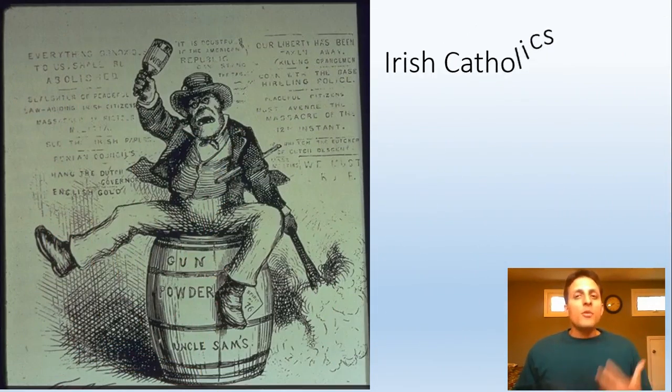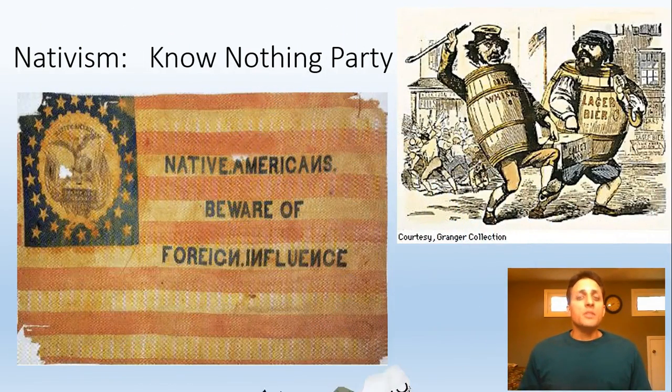And like I said before, Americans start to stereotype, especially the Irish, as being unfit for American society. They start to stereotype them for their religion. They don't like their religious views. And so you really start to see the growth of nativism within America. And it becomes politicized with the political party known as the Know Nothing Party.